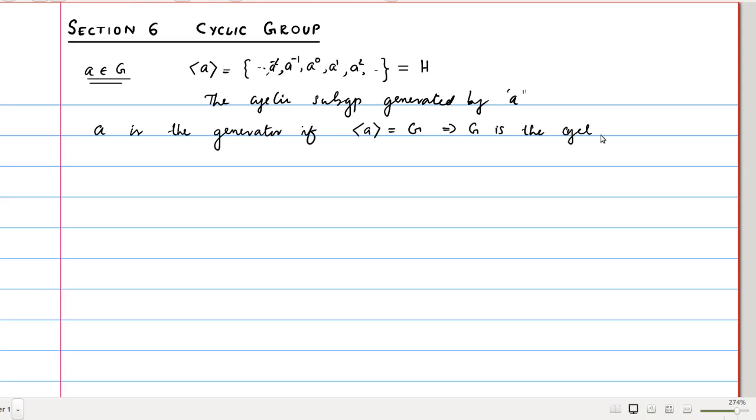This is the definition of cyclic group that you have seen in the last class, and we say that a generates the group G as well.